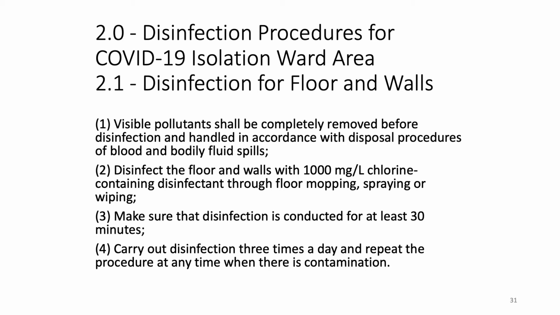Disinfect the floor and walls with 1,000 milligrams per litre chlorine-containing disinfectant through floor mopping, spraying or wiping. 3. Make sure that disinfection is conducted for at least 30 minutes. 4. Carry out disinfection 3 times a day and repeat the procedure at any time when there is contamination.